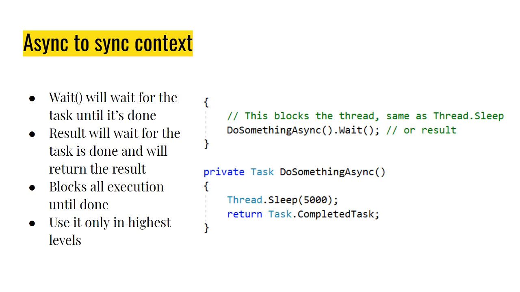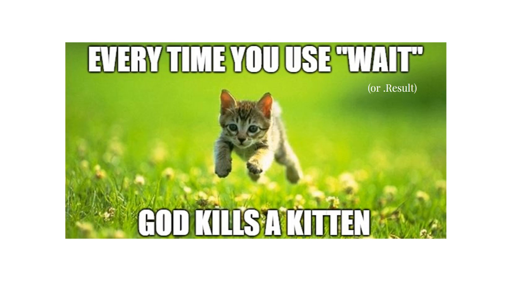It works everywhere, but the clean approach is only valid for highest levels, because you don't want to suddenly block a task that you await somewhere low level. You want it only in high level. So every time you use await, God kills a kitten. Don't do it. Kittens are precious.